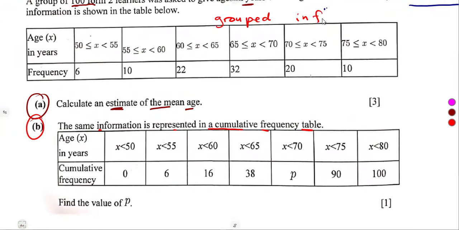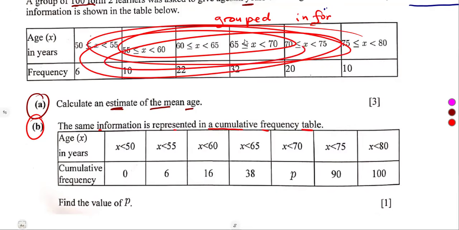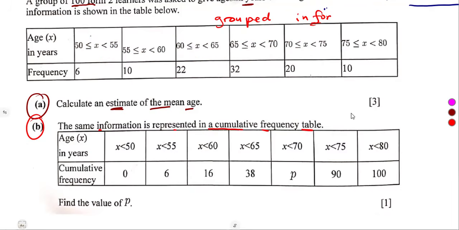The grouped information, like I said before, can be represented on a cumulative frequency curve, a histogram, a polygon. So the same information that we see here could have been represented on a table that suits a histogram, where the frequency densities are.